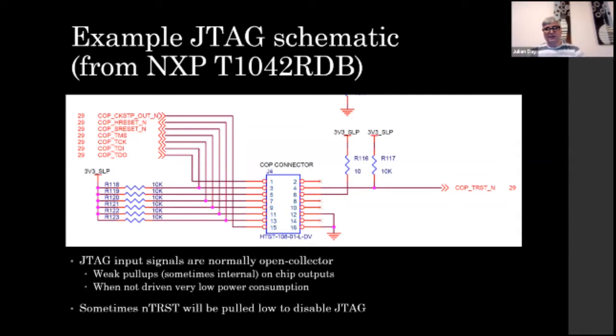Again, being an 80s kind of design, they were using open collector outputs, so open collector inputs, which means when you're not driving the signal, it's pulled up to whatever your I/O voltage is, and when you do drive the signal, it drives to 0 on the bus or on the pin.